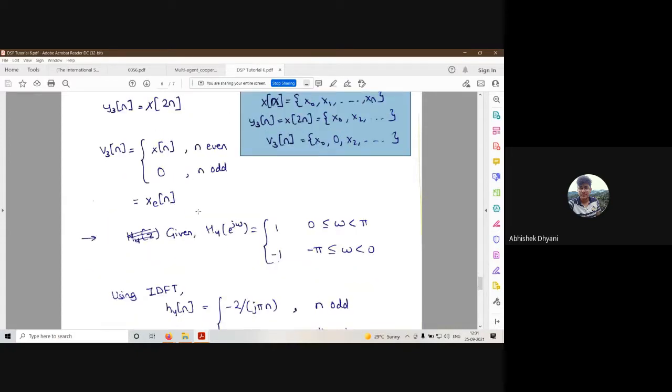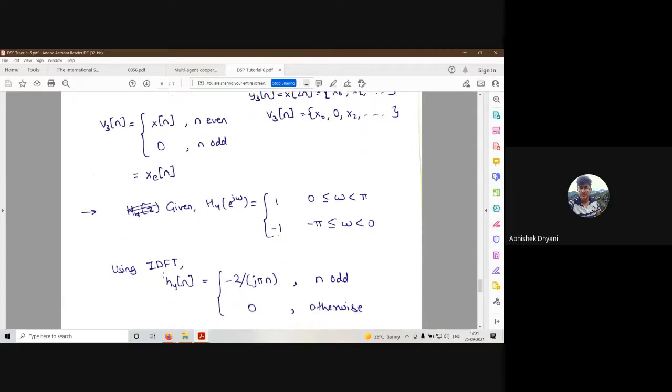We have been given the DFT of h4, which is 1 for 0 to pi and -1 for minus pi to 0. We can find its inverse DFT, which will give us the impulse response h4n, equal to -2 by j pi n for odd n, and 0 otherwise. I leave the calculation to you.